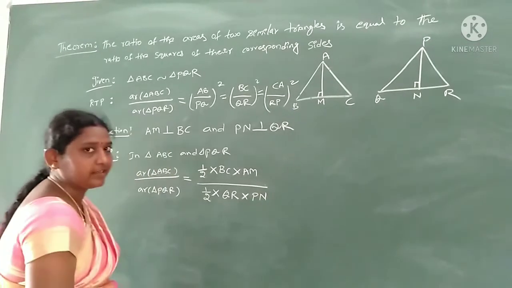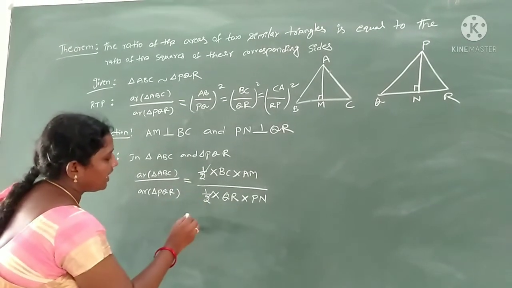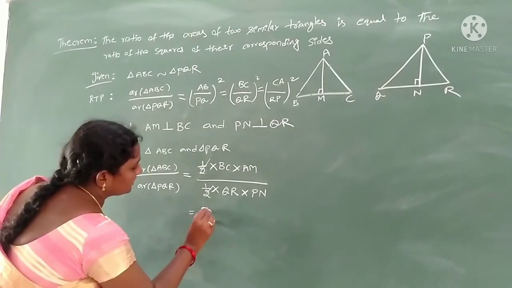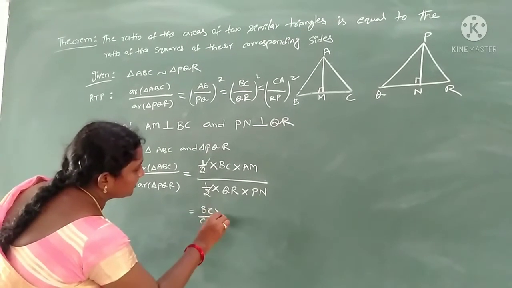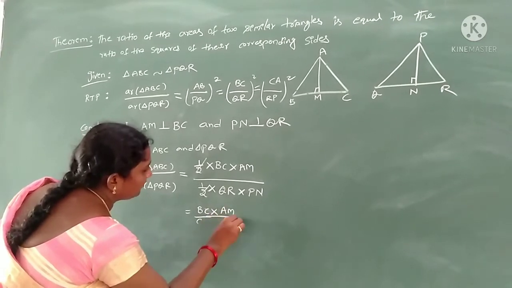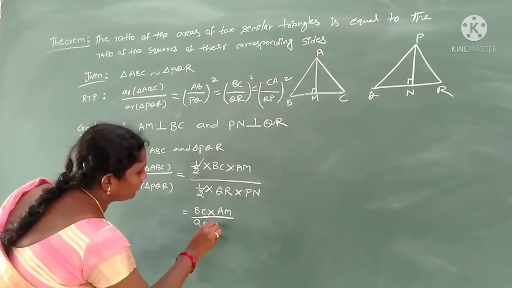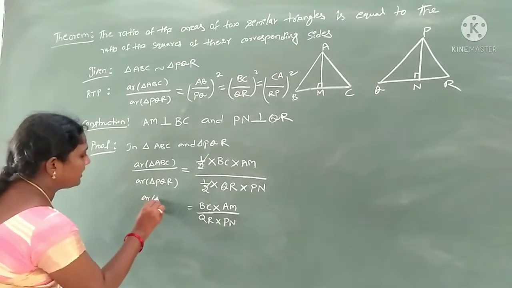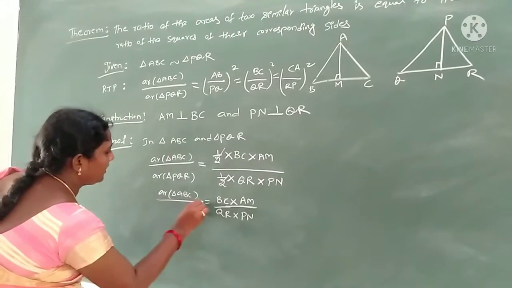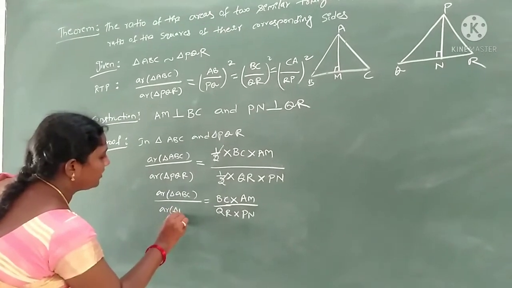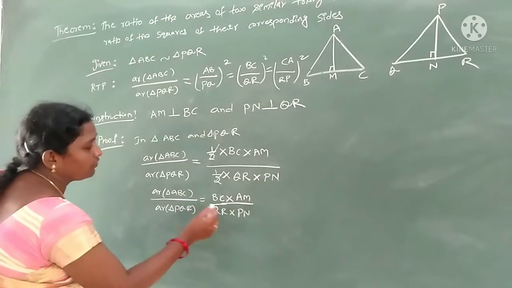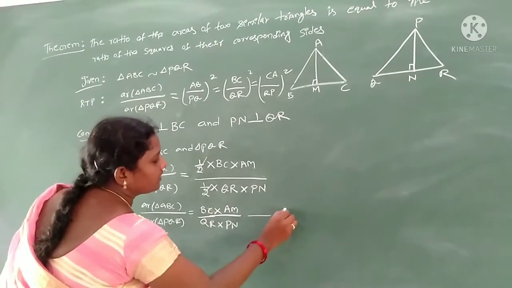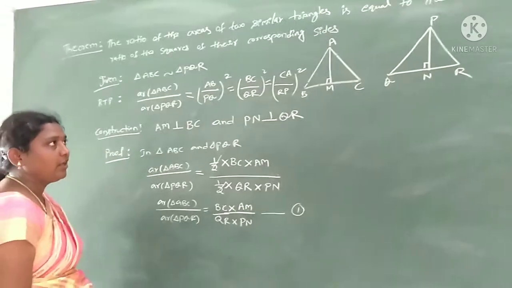Cancel the half, and you get area of triangle ABC by area of triangle PQR equals BC into AM by QR into PN. This is equation 1.